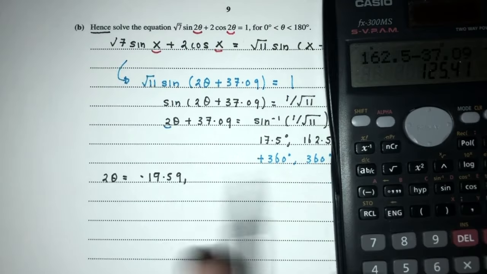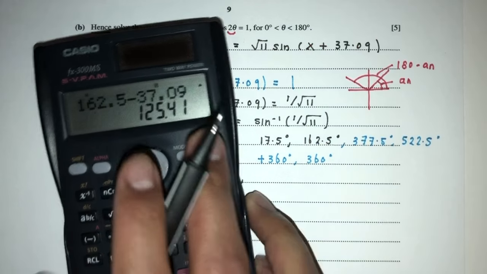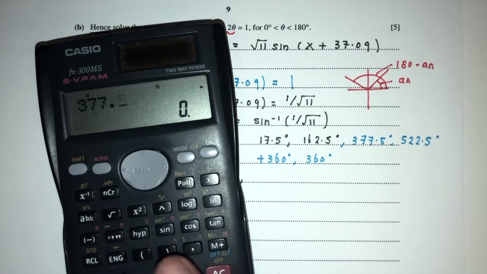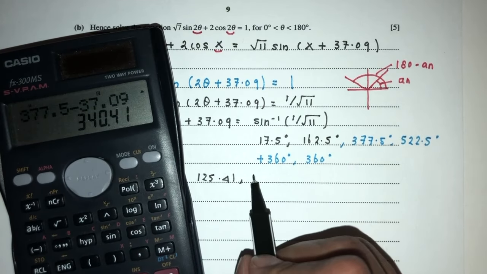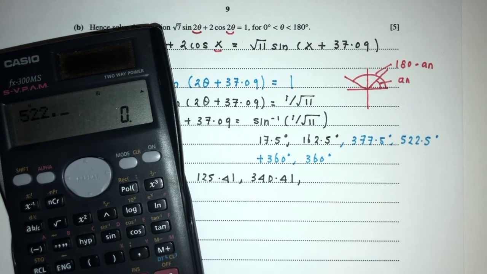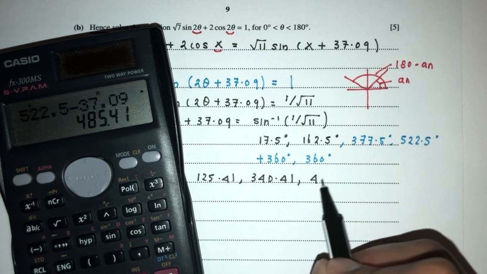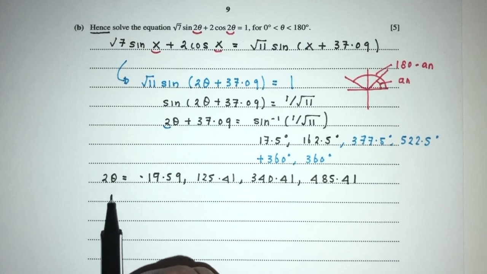That will be 125.41. And we have 377.5 minus 37.09. That will be 340.41. 522.5 minus 37.09. That will be 485.41. So let's find the value. Theta will be what?